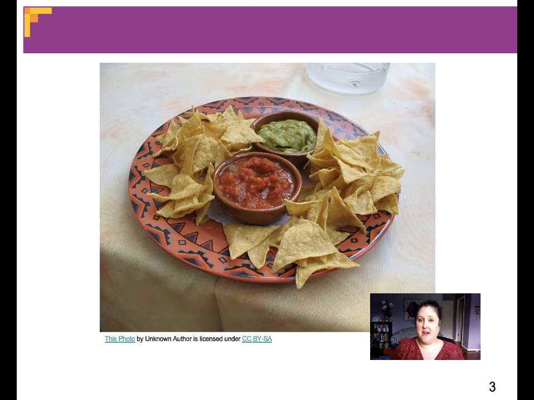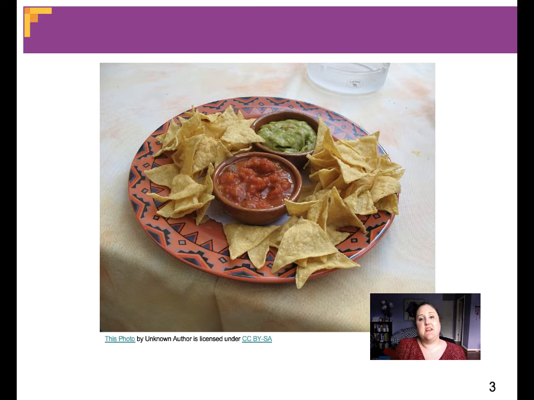Then when we made a comparison, we could see if the type of tortilla made a difference on the taste of the chip. Or maybe we wanted to see if the time that the tortilla chip was cooked would make a difference. So here we could take one batch of chips and fry them for 30 seconds, another batch for 45 seconds, and then a third batch for 60 seconds, and then compare the properties of the tortilla chips.